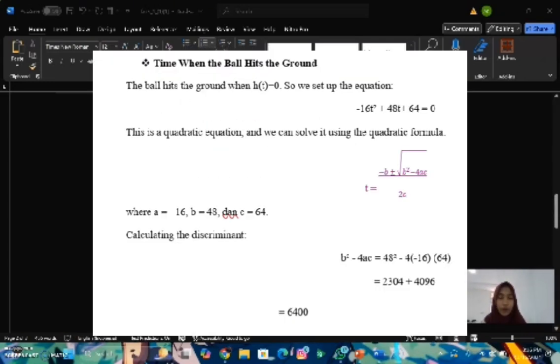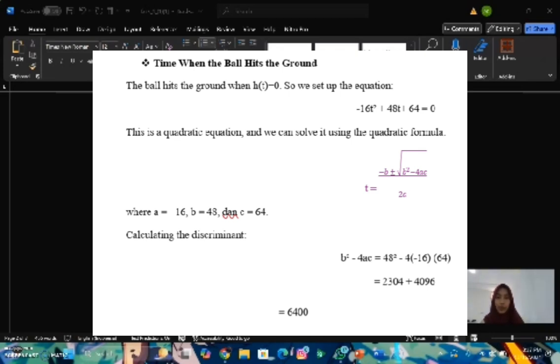Next, I will find the time when the ball hits the ground. The ball hits the ground when h(t) = 0. So we set up the equation -16t² + 48t + 64 = 0.